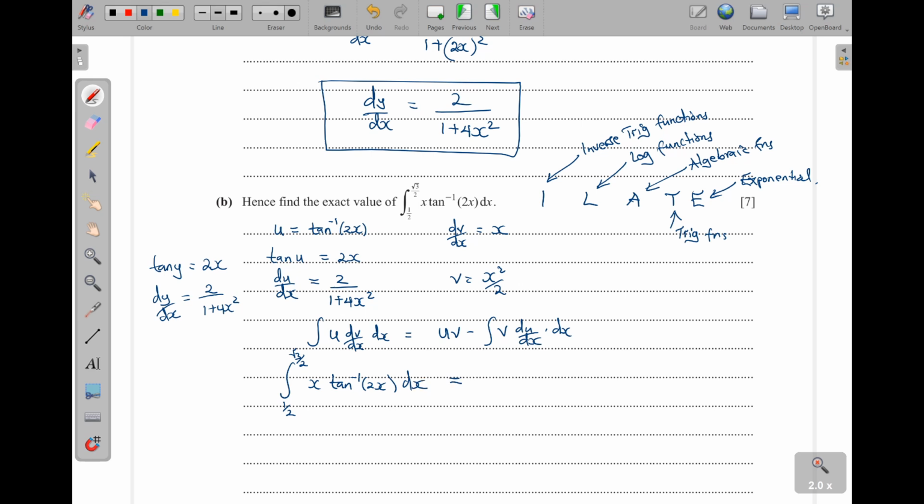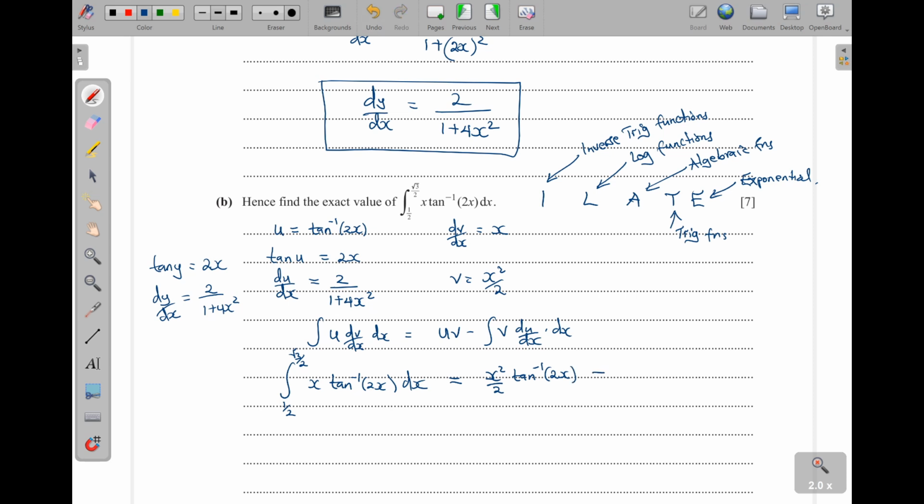Our u is the arctan, and v is this one. So when I put them together, I will have x squared over 2 times the arctan of 2x.